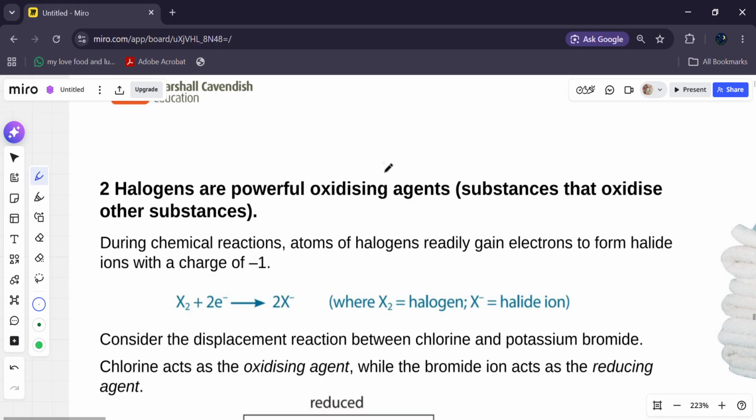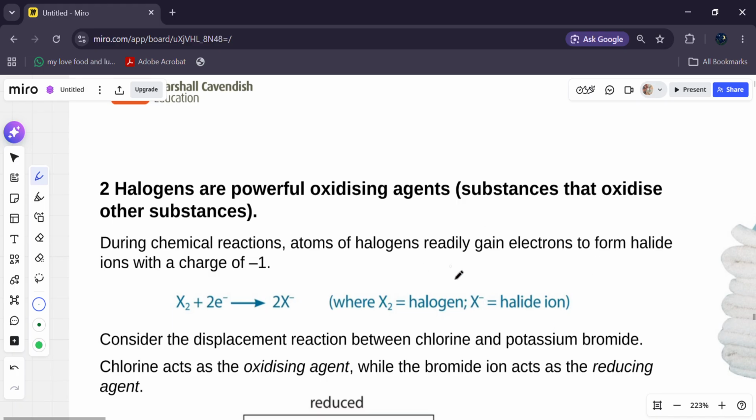The displacement reactions between halogens and other halide ions can also be classified as redox reactions. Redox reactions are reactions that have both oxidation and reduction happening in the same reaction. Consider the displacement reaction between chlorine and potassium bromide.